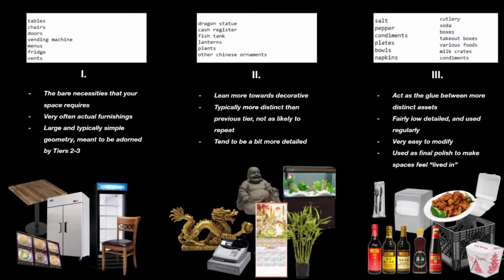But essentially, when it comes to planning out an environment and modeling out assets, I split them into three different tiers. We have tier 1, which is considered the bare necessities that your space requires.